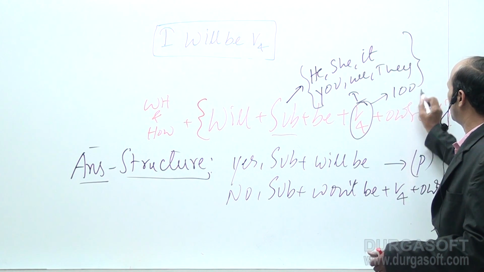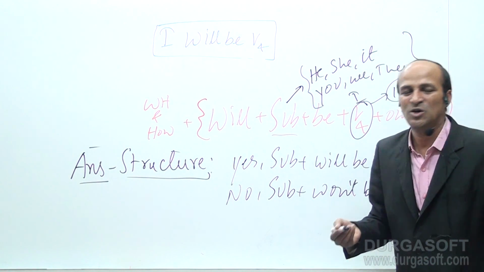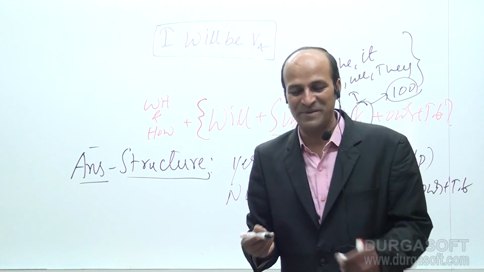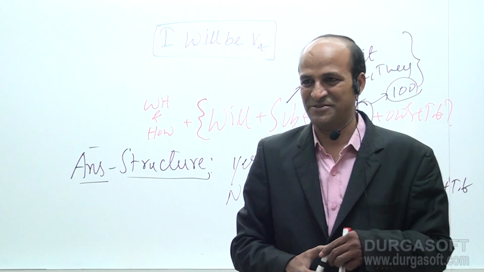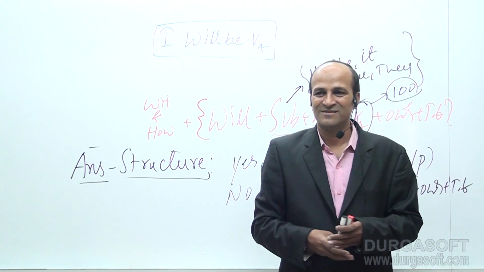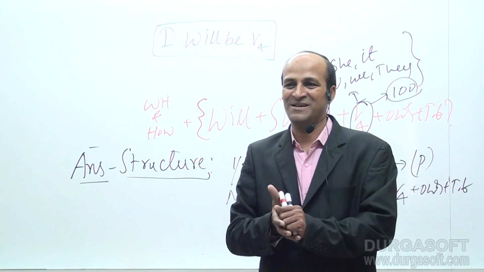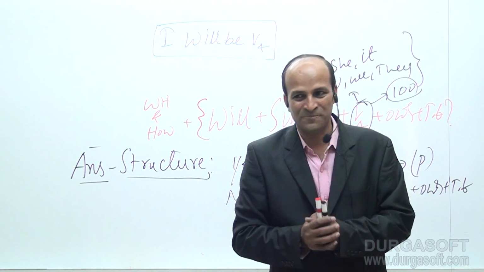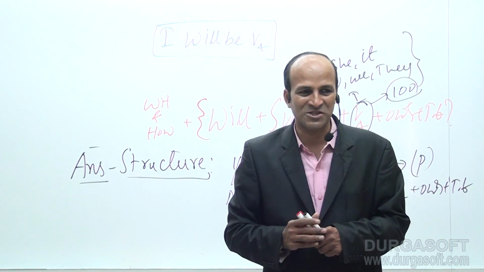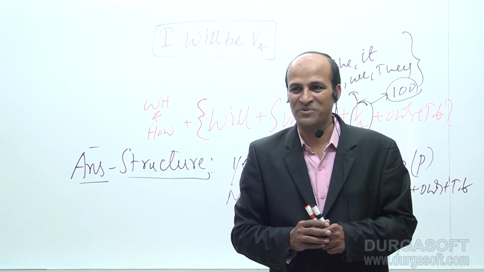If you take 100 verbs and practice orally and then in writing, you will become a master of the English language. So with this, I wind up this talk, and please practice this structure. You will become a successful speaker. Thank you.